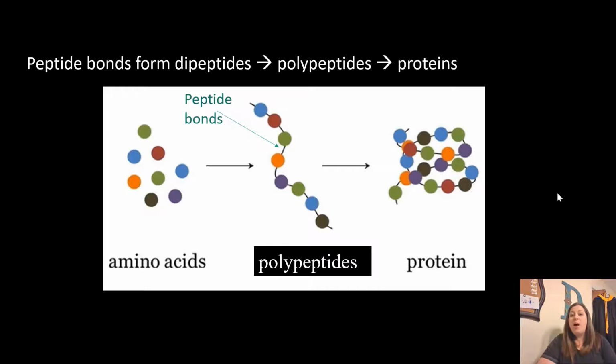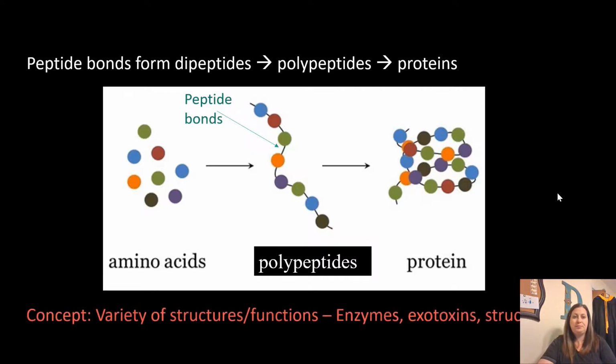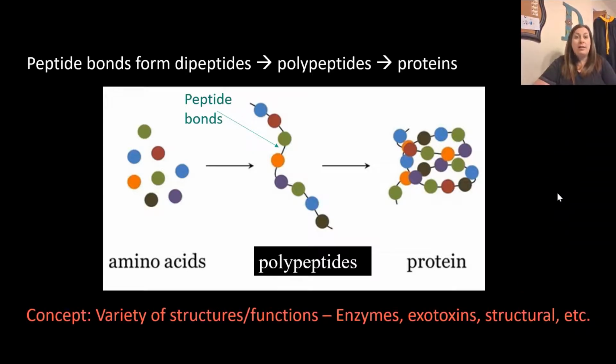However, in order for a polypeptide to become a protein, there's going to be some special folding that's going to need to take place. So a concept here, when we're looking at proteins or polypeptides, they have a variety of structures and functions. Some of these are going to become enzymes, others are going to be exotoxins, they could be structural components, and the list could go on and on.